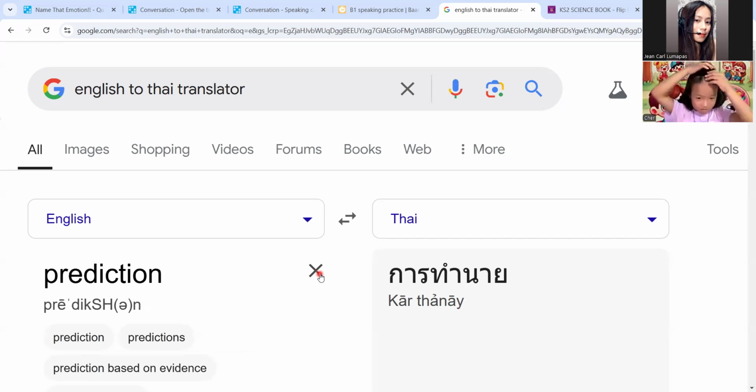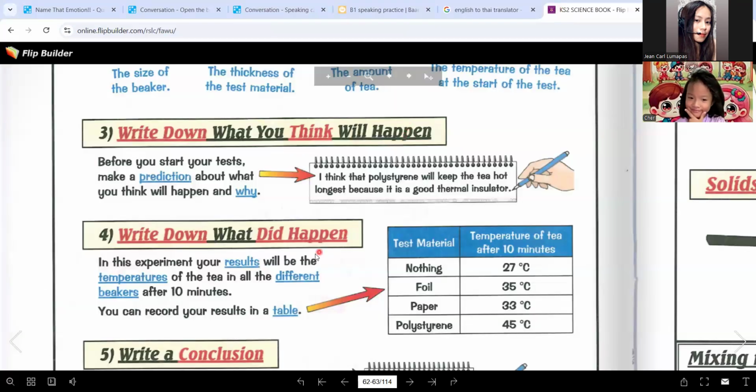So that is number three. Write down what will happen as your prediction. Which one do you think will keep the tea hot for the longest time?